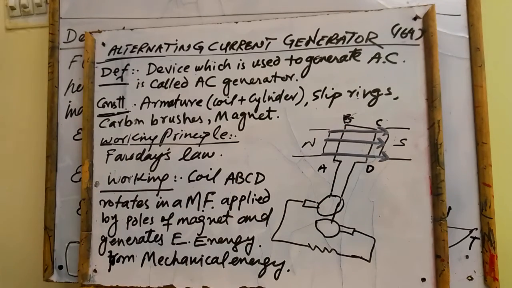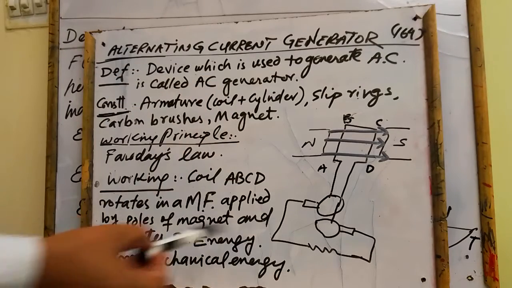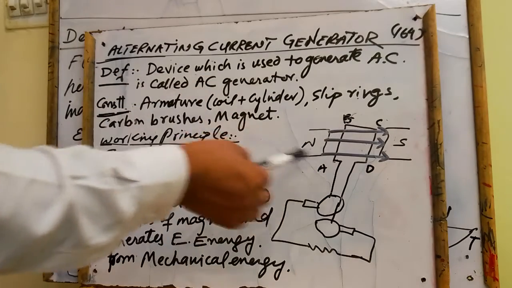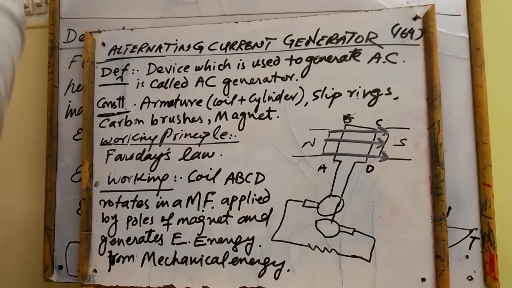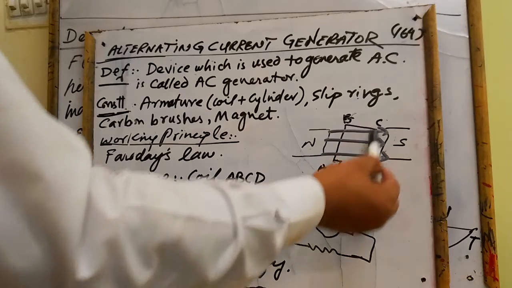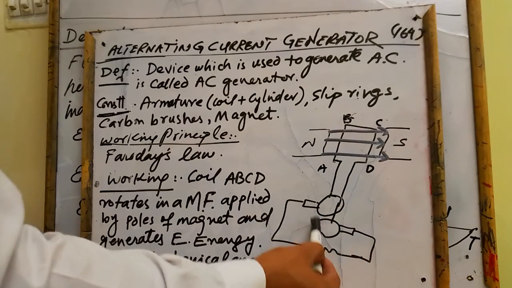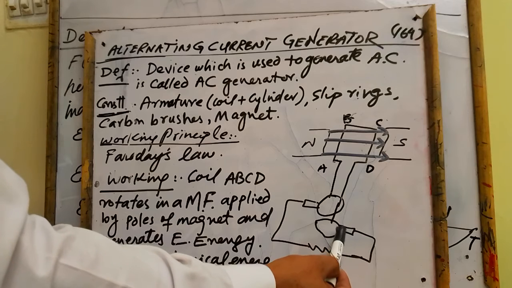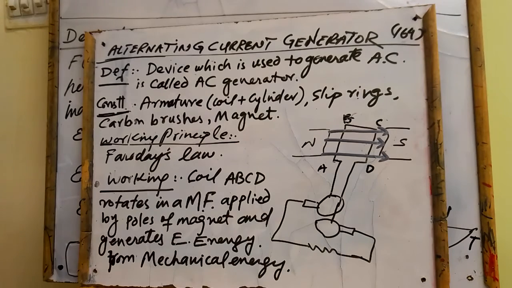This mechanical energy is given to the generator from outside, and because of that mechanical energy, electrical energy is generated in the system shown in the diagram. That alternating current or alternating voltage comes out of the generator with the help of carbon brushes to the external resistance attached.